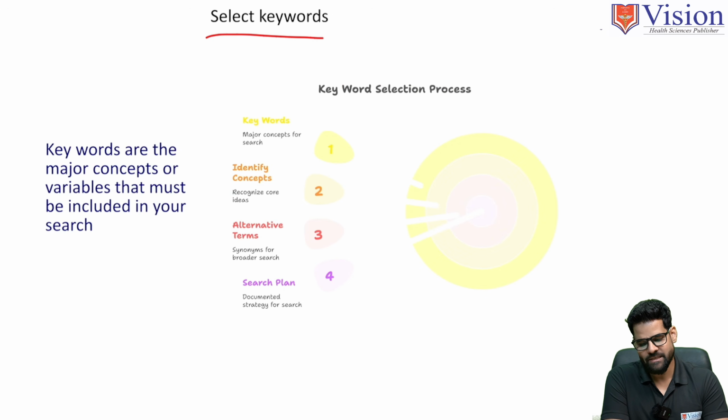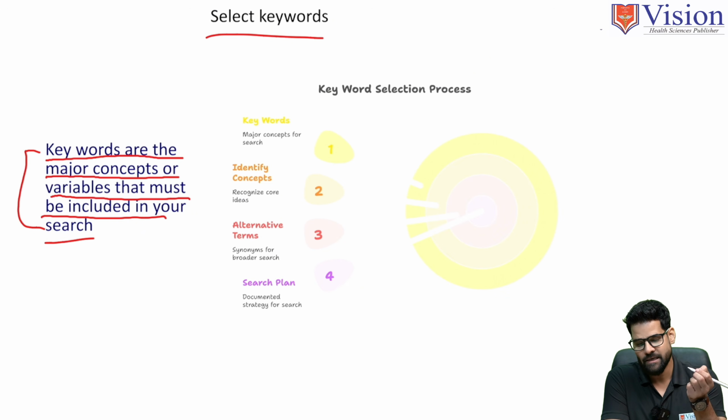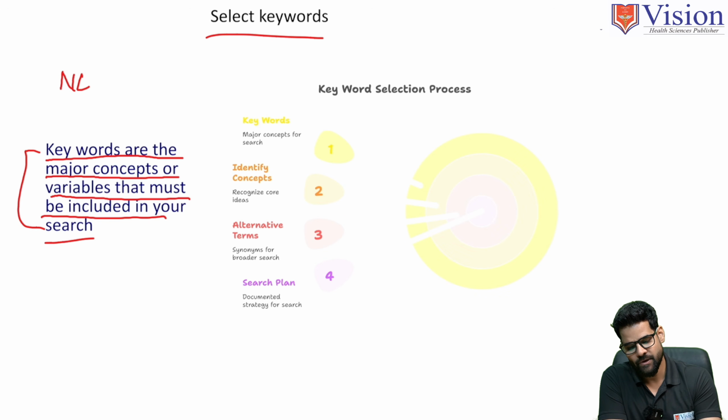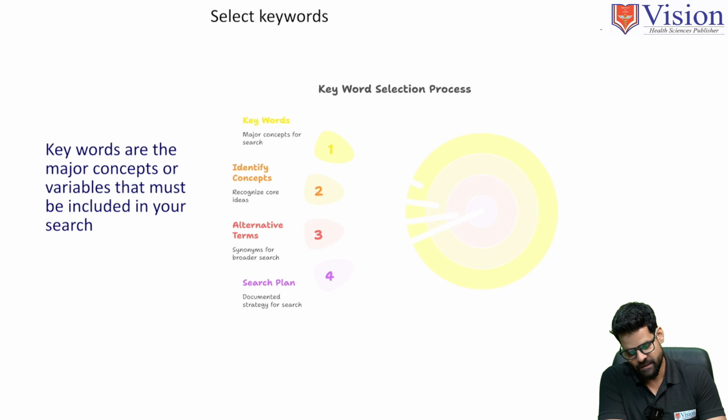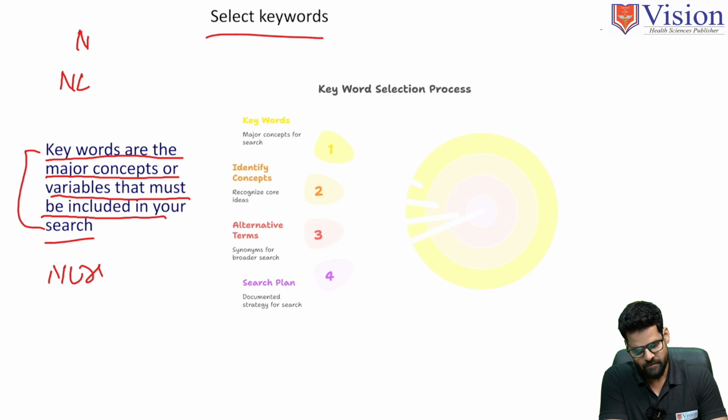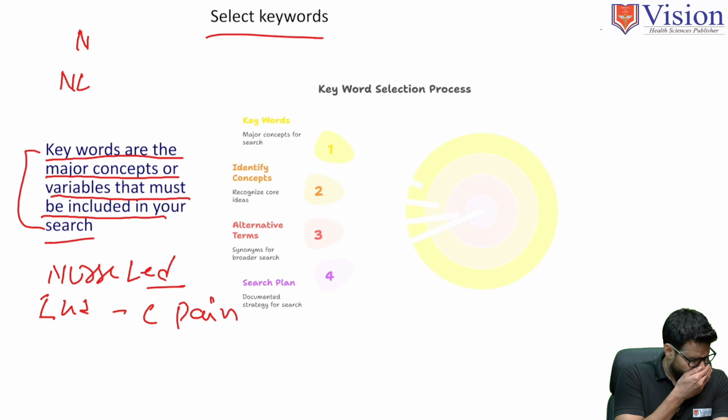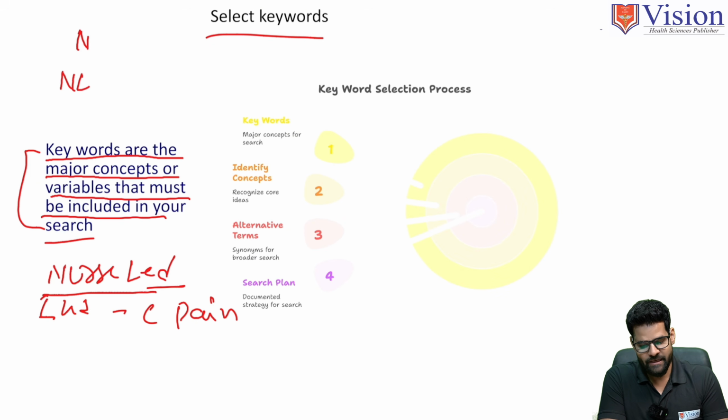Then select the keywords. Now what are the keywords? Keywords are the major concepts or variables that must be included in the search. Okay, that's very, very important. For example, if my study is about nurse-led intervention on chronic pain among cancer patients, then nurse-led intervention becomes my one variable, one keyword.